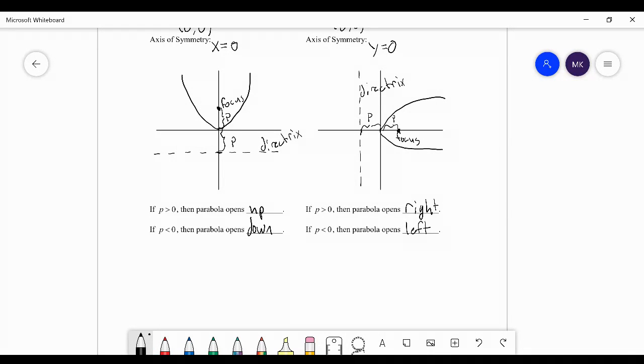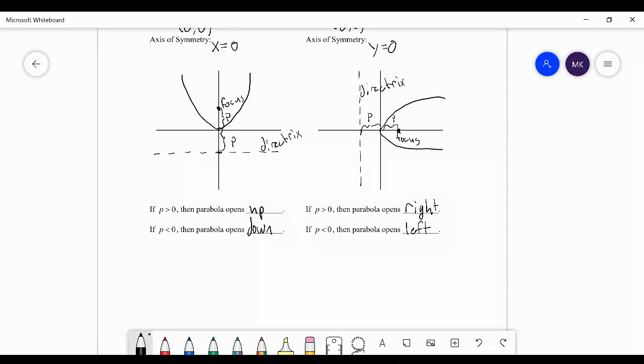And what's really nice and easy about the p-value is that once you know which axis you're looking at, on the left side we've got vertical, on the right side we've got horizontal. On the vertical axis, the positive values are up and the negative values are down. So if p is positive, it opens up; if p is negative, it opens down.